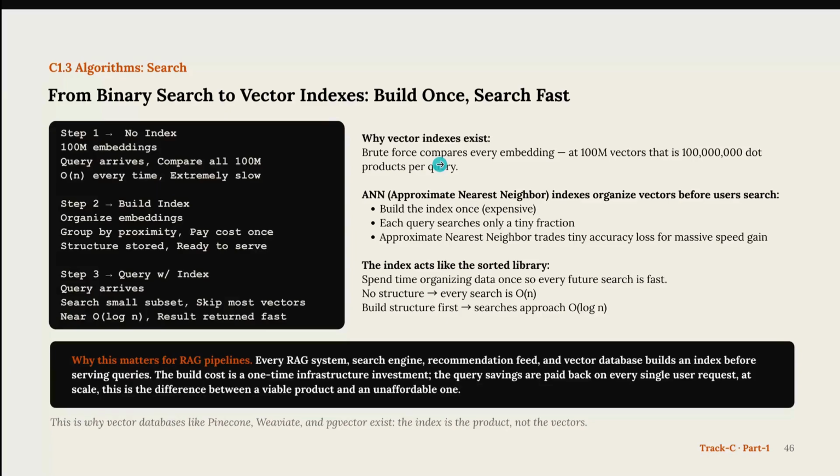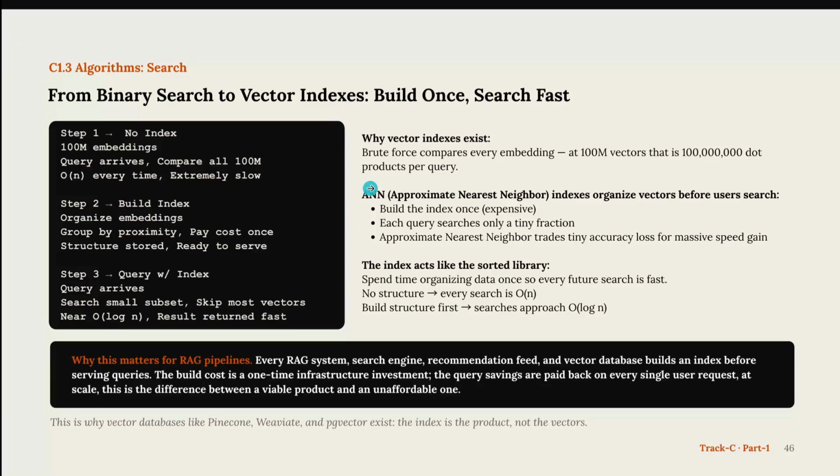Why does the vector index exist in the first place? Because brute force comparison against every embedding is pretty bad, and that's why indexes like ANN, approximate nearest neighbor indexes, have come up. They build the index once, which is an expensive process in the beginning, but it's a marginal cost compared to the compute of doing all the comparisons later.